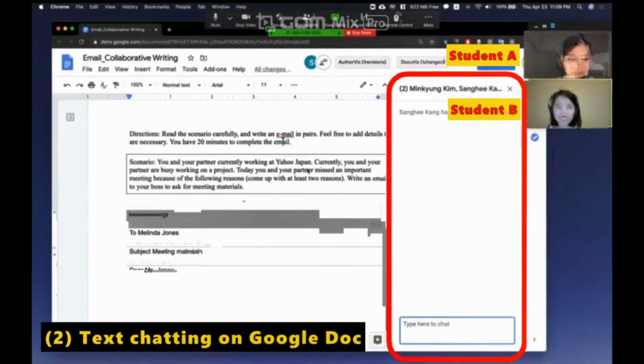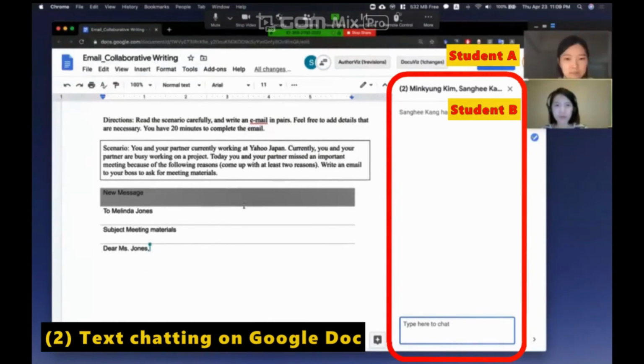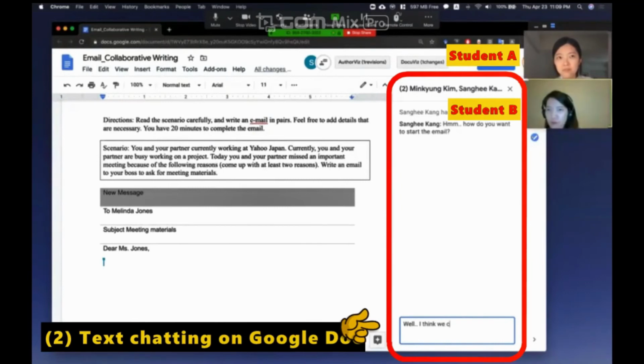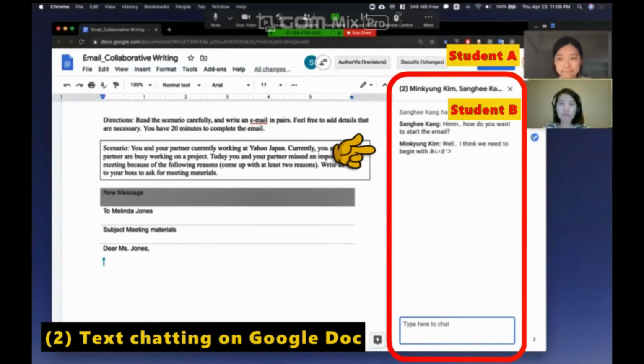So now it's showing the text chat on Google Doc. And you will see how the first language was used.